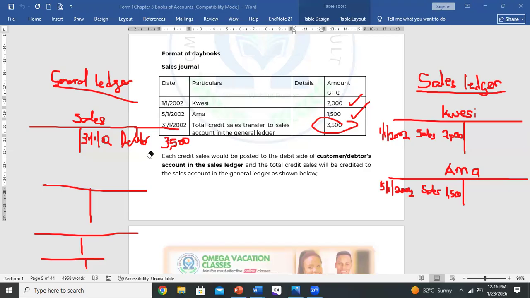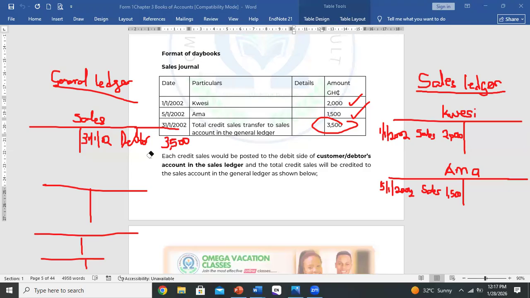But to make you appreciate what we are doing, here it is. When a business sells goods, and when we say goods, it means the items that the business is actually buying and selling. Those are the things that when we sell, we can reliably say it is sales.